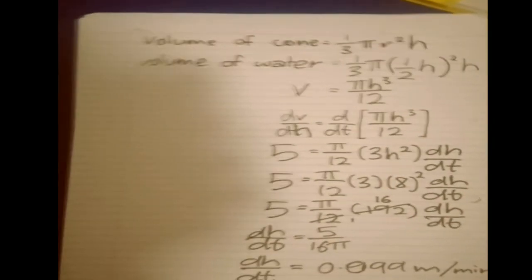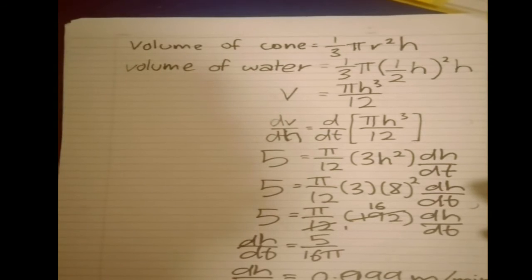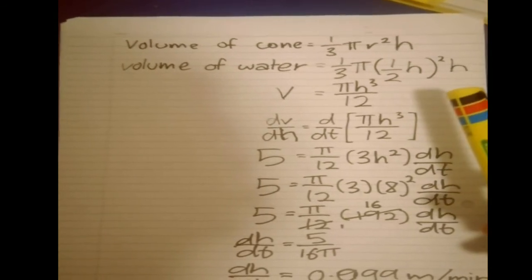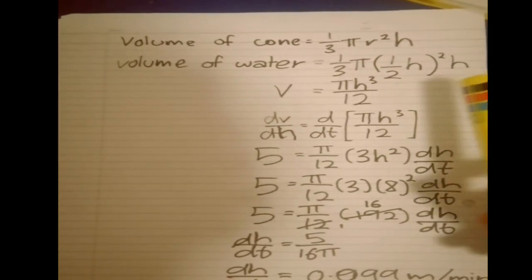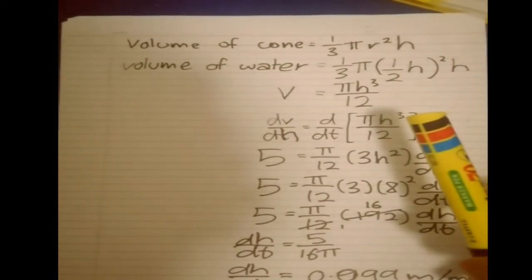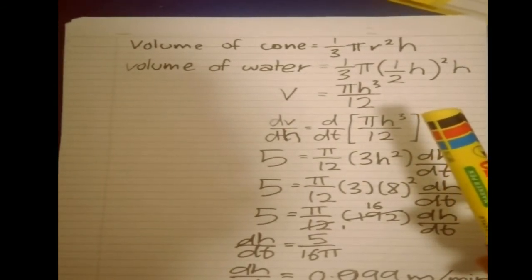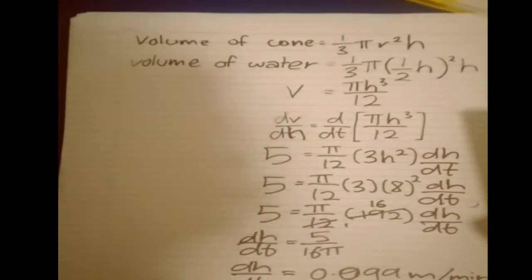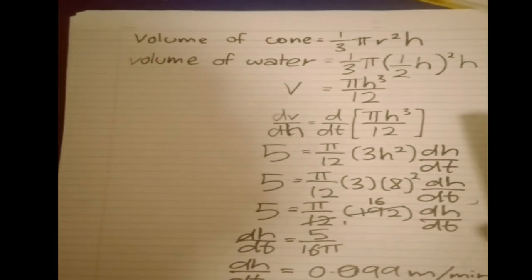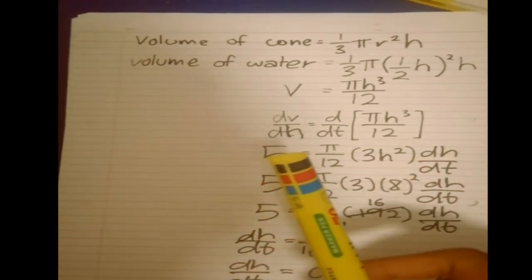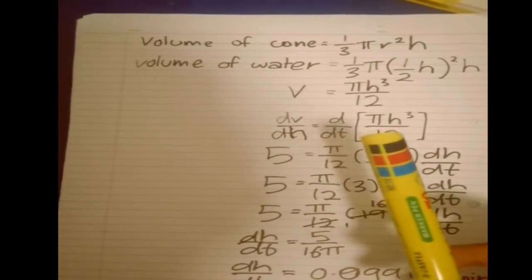So, I substituted the value of r with 1/2 h, and the product of this operation is pi h cubed over 12. So, dV/dh equals the derivative of pi h cubed over 12.